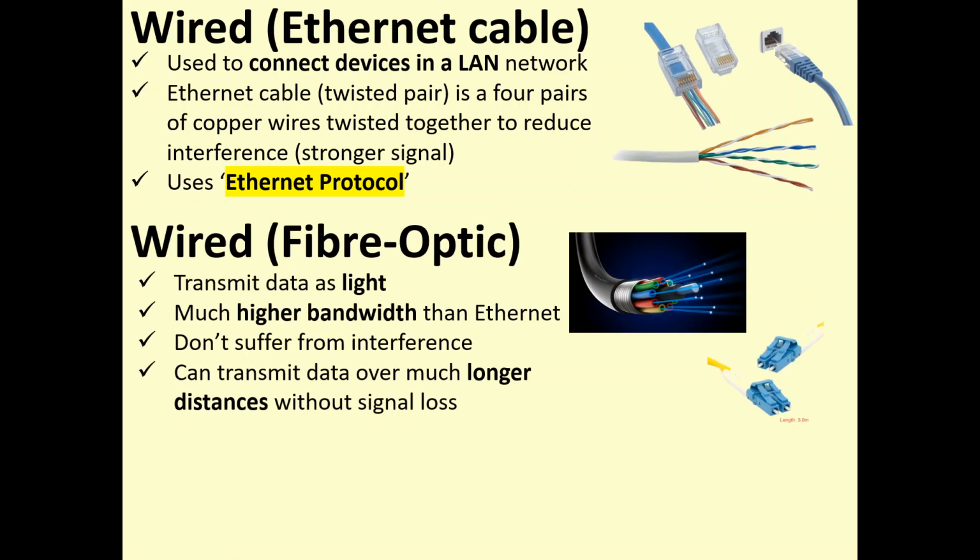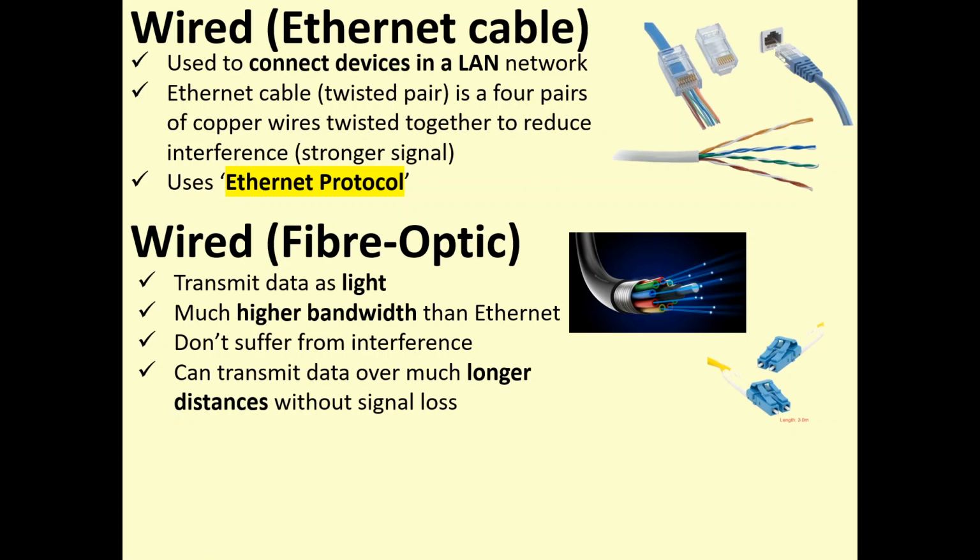The other type of cable, which is now being used more and more, things like to bring internet into your house and stuff, and faster, is fiber optic. Fiber optic transmits data as light. Ethernet cable sends electrical signals. Fiber optic transmits it as light. That means it's much faster, higher bandwidth, because it can send more data in one go.